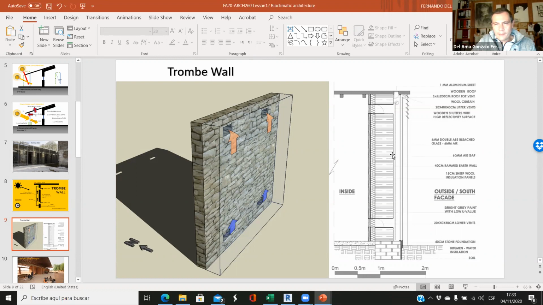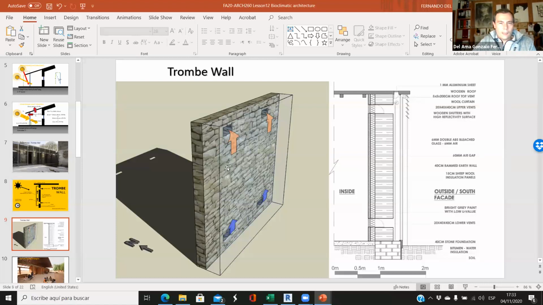The problem is that if we do have sun, this wall will be heated up, and then during the night it will release this heat through the inside. If we place thermal insulation here, this heat is not released inwards, it's released outwards because we have thermal insulation. So there's a debate. It depends on the size of the Trombe wall, it depends on the place, it depends on how many hours of sun we have in winter. It's not an easy answer, and it depends on many factors.